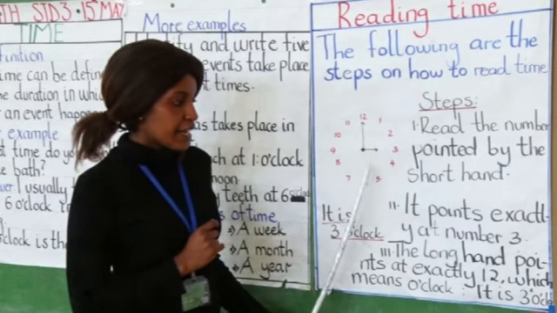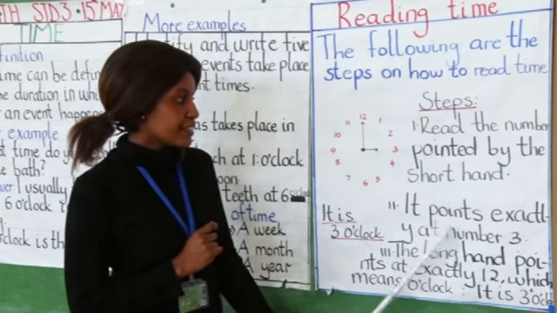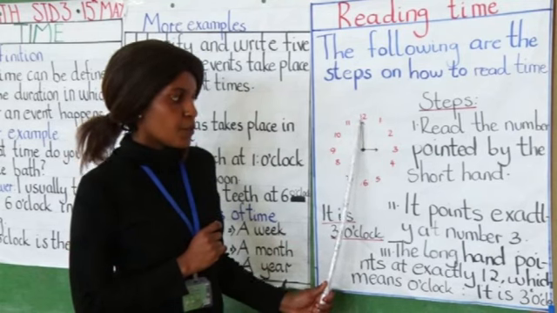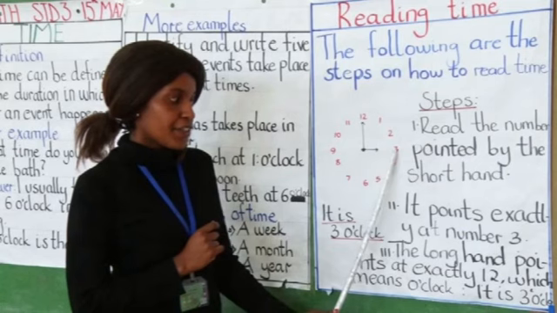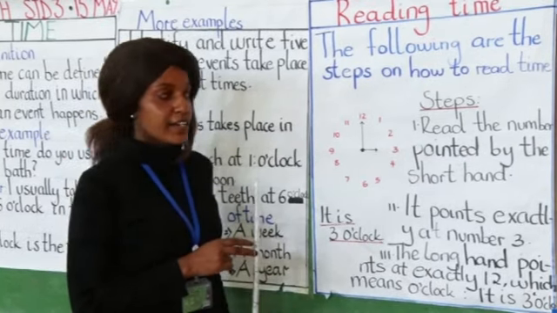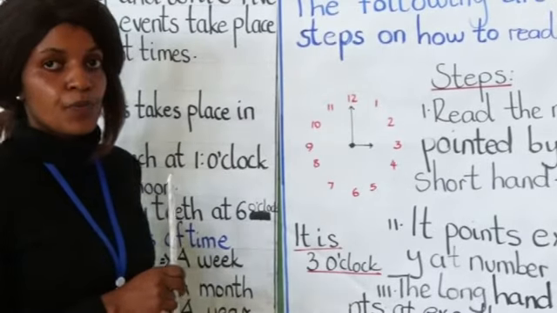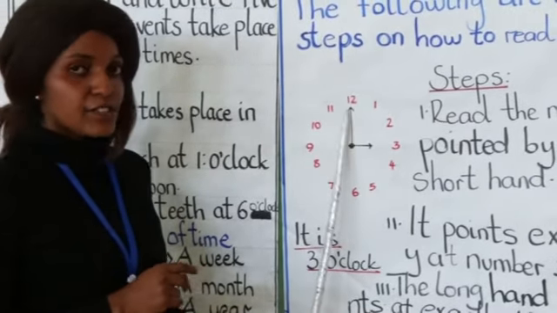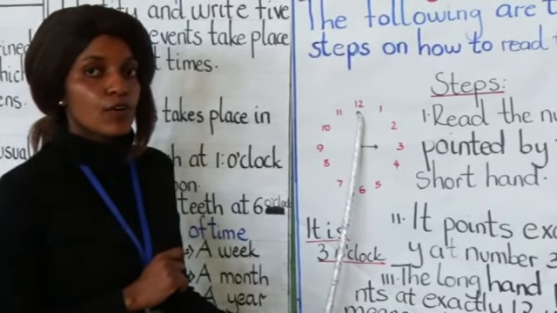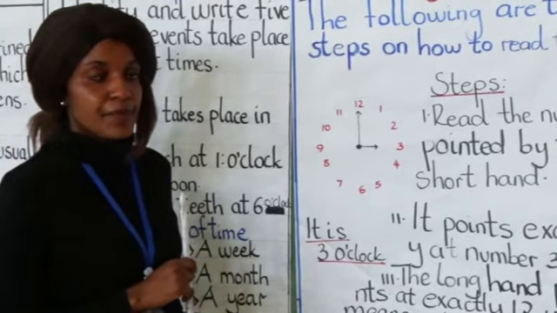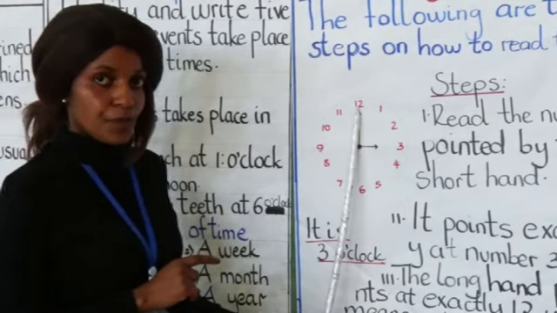This long arrow points exactly at number 12, while the short arrow points exactly at number 3. The time here is 3 o'clock. When the long arrow points exactly at 12, we read the time as o'clock. So here the time is 3 o'clock.